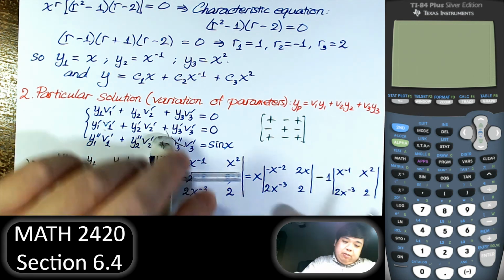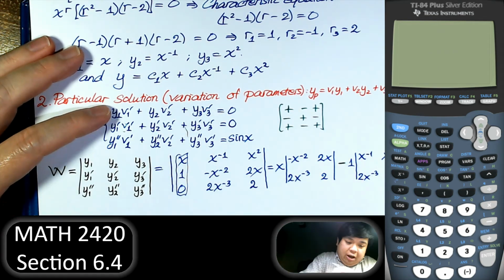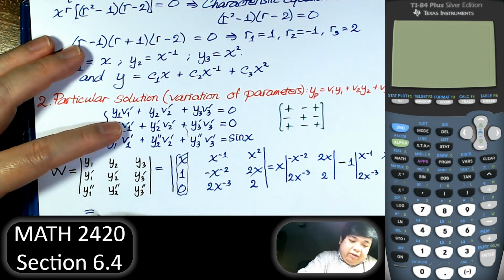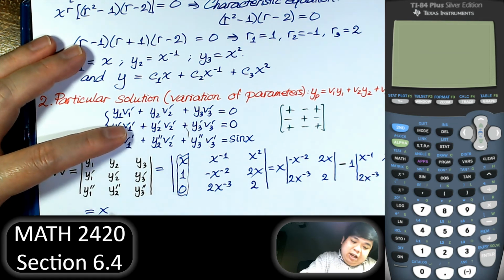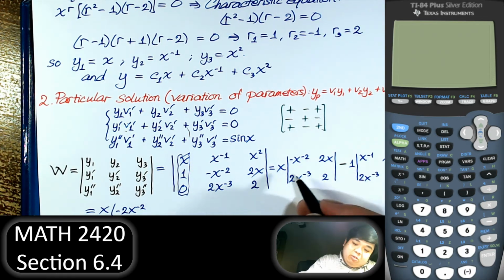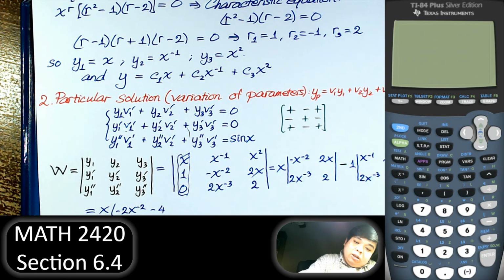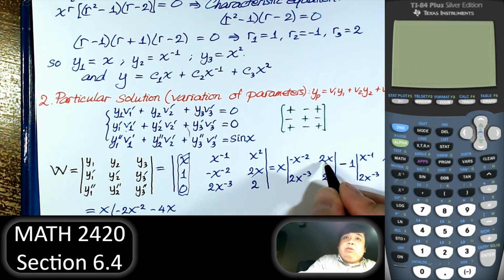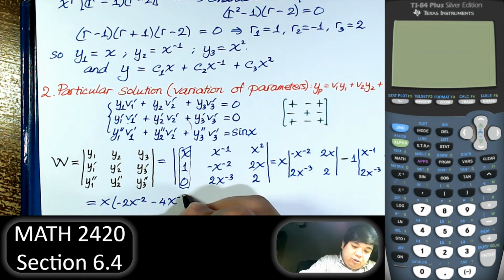To evaluate this, x times negative 2 x to negative 2 and the other way around would be 4 x to negative 3 times x, which is x to negative 2.